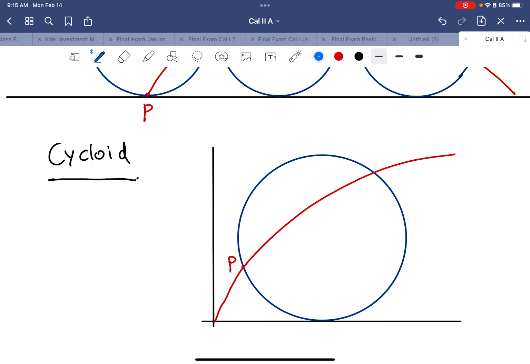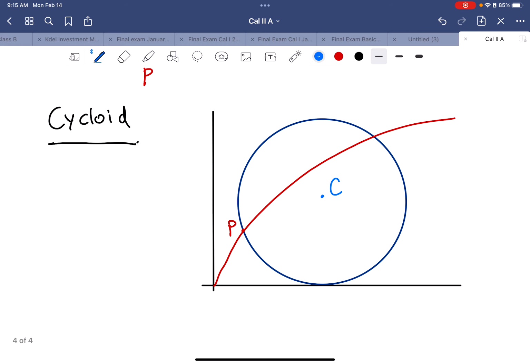And let's say we have a center. Let's say this is C, the center. And let me draw the radius of the circle. Let's say this is the radius. And from C to the ground, we can also have a distance.